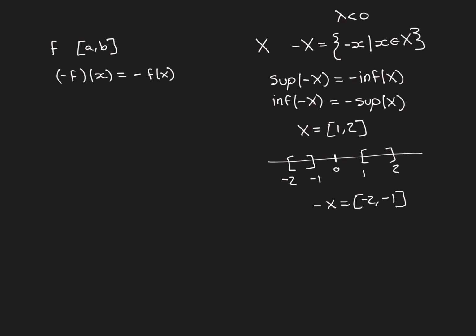Similarly here, if we just have this result, we can then have the result for a general lambda times X. So if you consider the supremum of lambda X for a general lambda, where lambda could be greater than or equal to 0, or it could be less than 0, if it's greater than or equal to 0, then you just use the result that we had in the previous part.